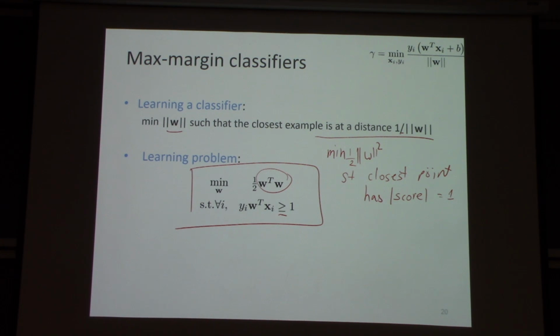But what does it mean to say that the closest point has a score 1? This is equivalent to saying every point has absolute score greater than or equal to 1. The closest point has a numerator 1, every point has a numerator more than 1. But what was the numerator? The numerator was simply yw transpose x.